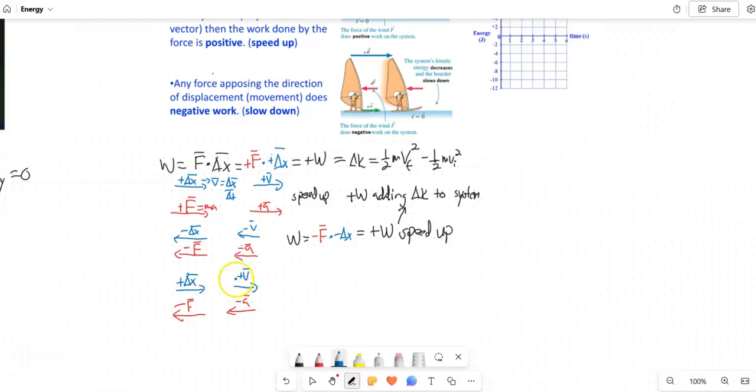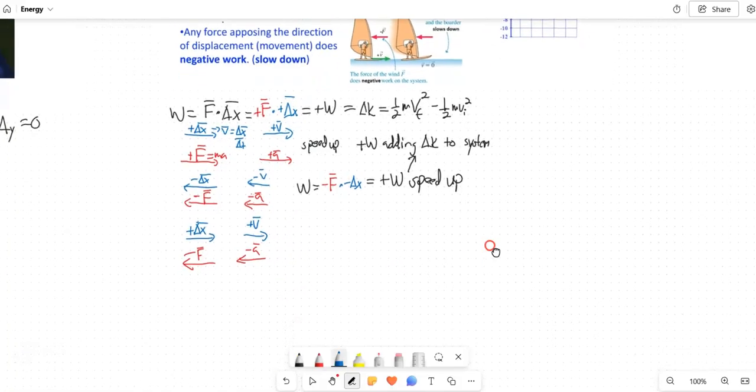Okay, displacement and velocity are the same thing here. Well, in this case, you're going to be slowing down. All right, so this is slowing you down. And when we're dealing with the work here, we have a negative force vector times our positive displacement vector. Well, negative times a positive is a negative.